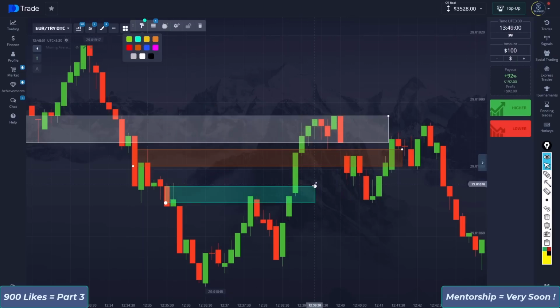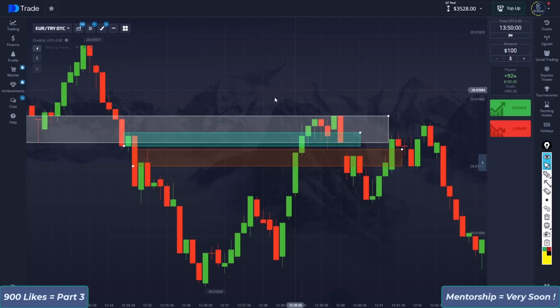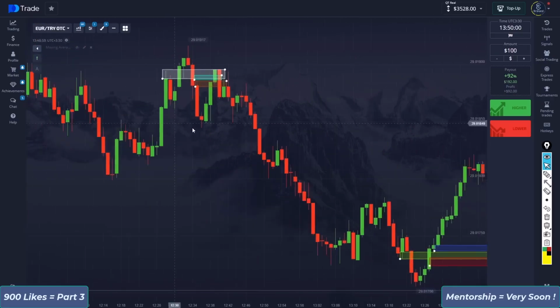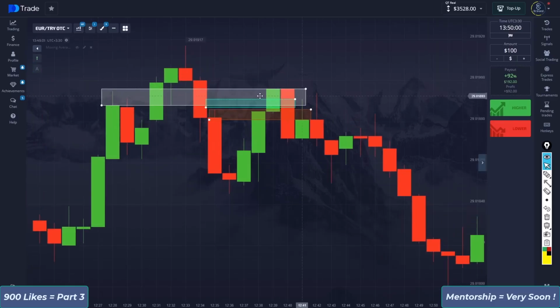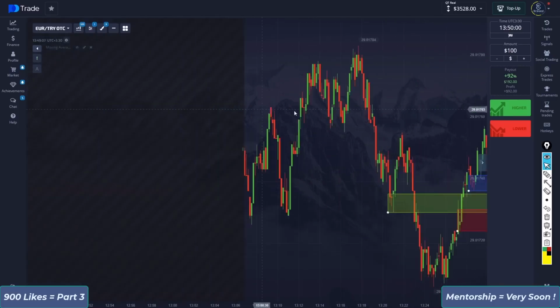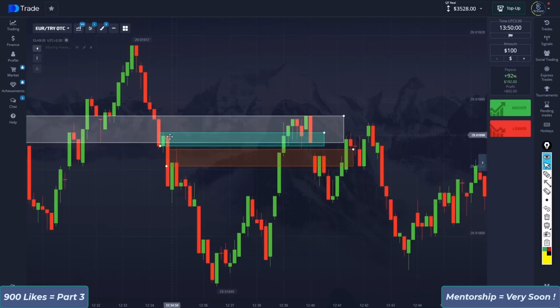Basically, we are looking for an entry closer to the shoulder. Okay, if this white area is the shoulder at the 1 minute time frame, we want the closest entry at the lower time frame to the shoulder. Okay, so this is the closest area. Basically the trade is going to be taken somewhere here.